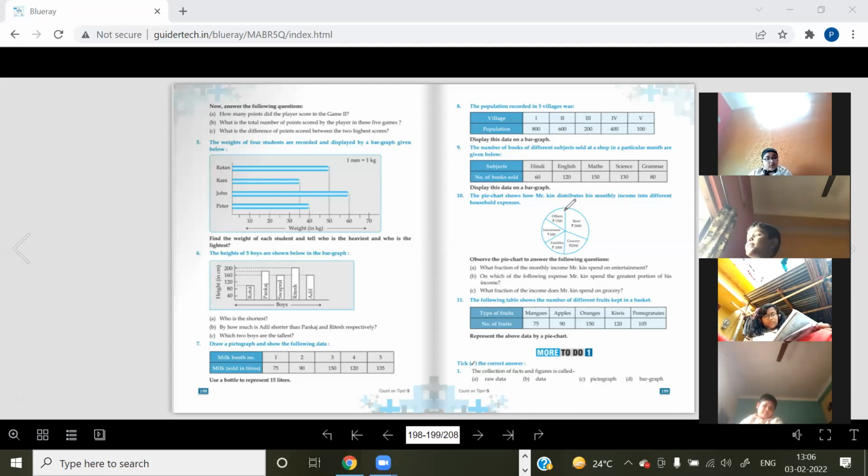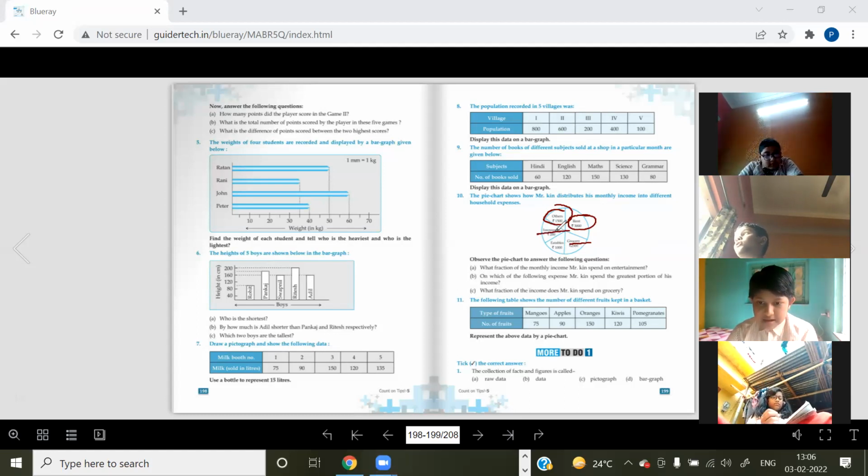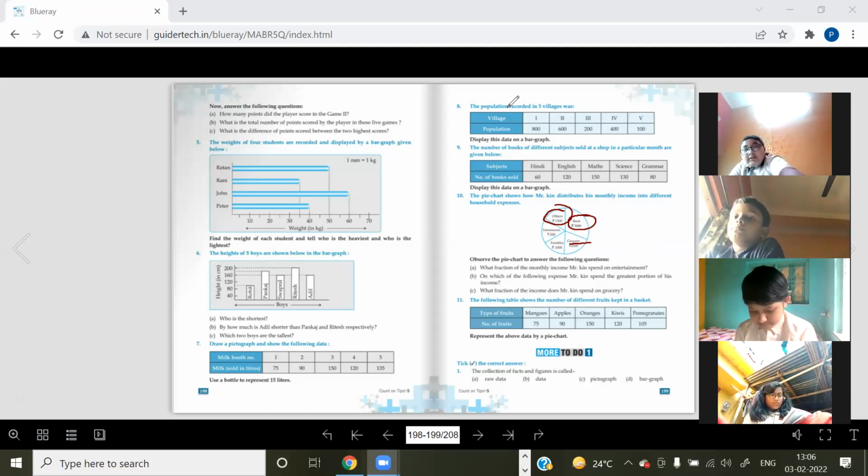Now look, the amount is also given. Others, rent, grocery, eatables, and this one is probably entertainment, no? The amounts are also given.